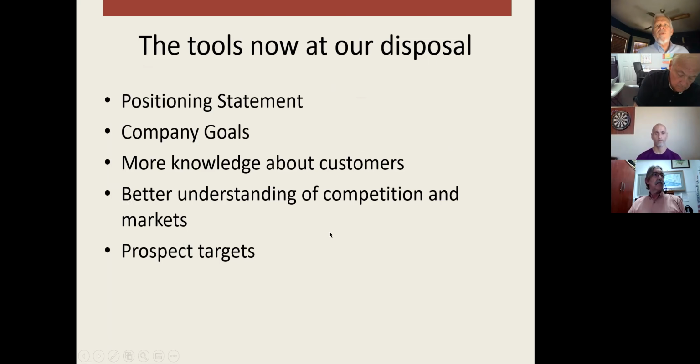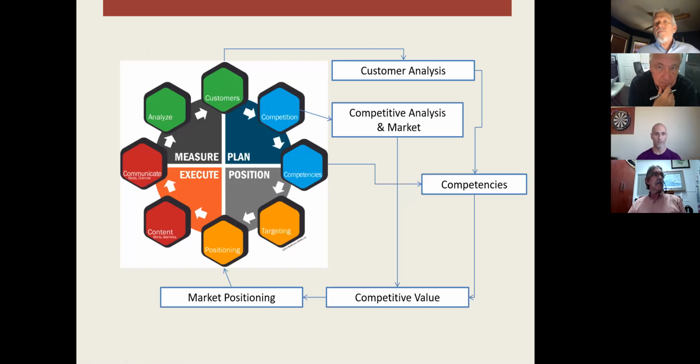So we've gone through the positioning statement. By now you would have your company goals. You'd know more about your customers. You'd have a better understanding of competition and markets. And then of course you'd have your target markets and your prospects selected. And you've seen this before. We've now gone through all of these steps. We looked at customers, did a customer analysis. We looked at competition, did a competitive look at the market itself and individual competition.